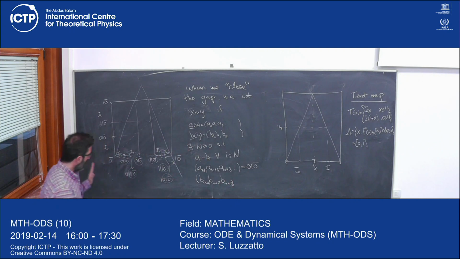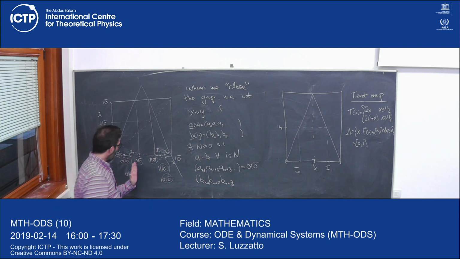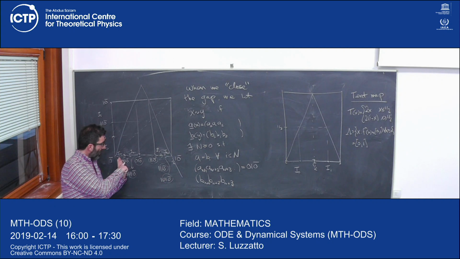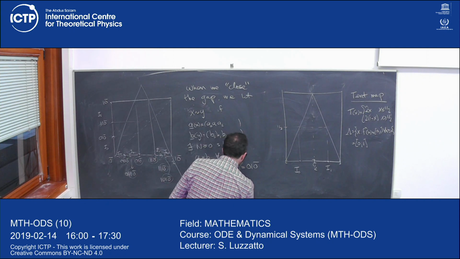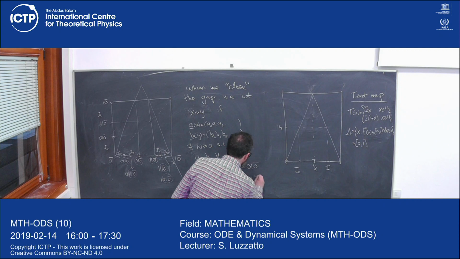So we have that they're the same up to a certain point, and then from then on, one of them is 0, 1, 0 bar, and the other one is 1, 1, 0 bar.